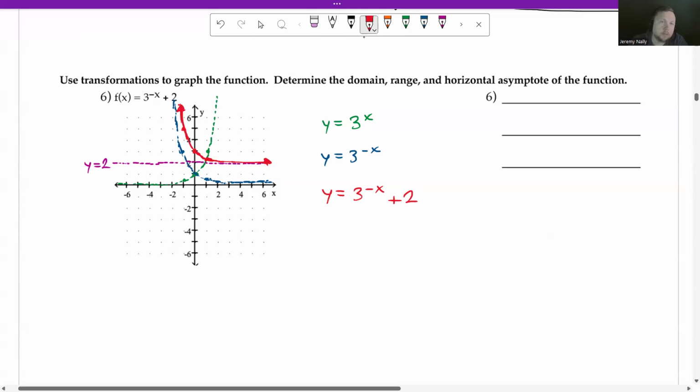And if it helps you think about it, you can think about the fact that it's a vertical asymptote for its inverse function. And that's why the exponential function is not going to cross it.